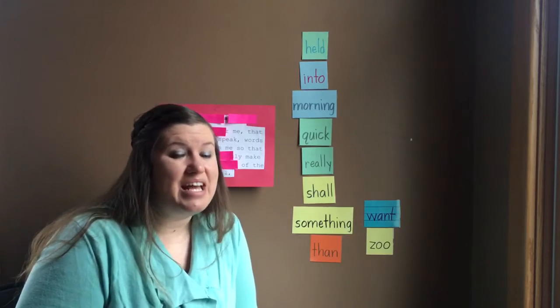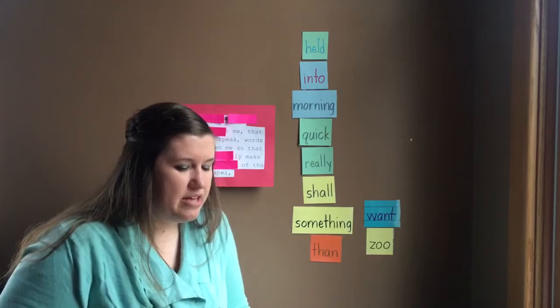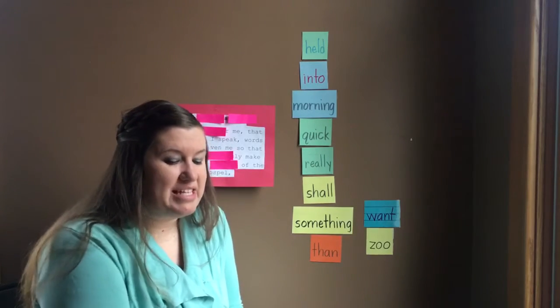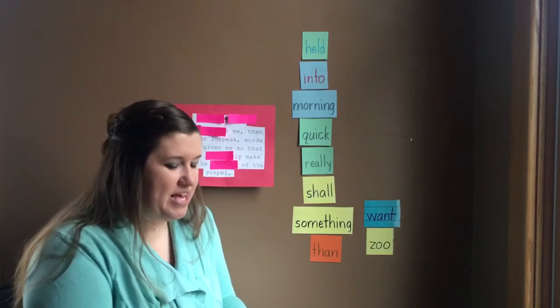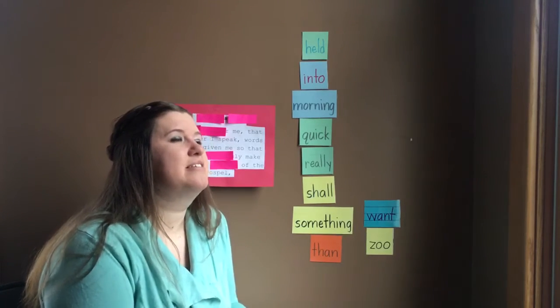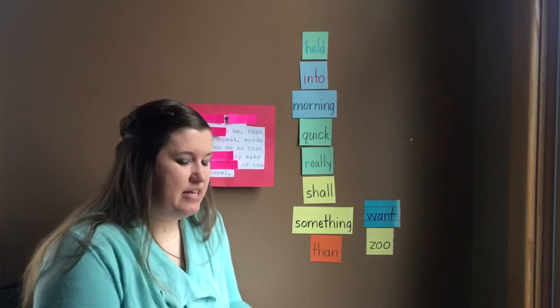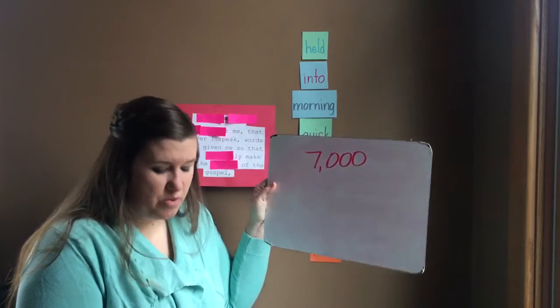So we have 7,000 bushels of corn. Remember that 7,000 is a 7 with a comma and those 3 zeros that hold the place value, okay?